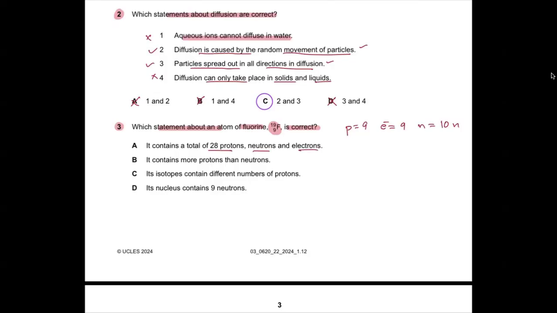If you add them, it's 9 plus 9 plus 10. 9 plus 9 is 18, 18 plus 10 is 28. So it seems correct.